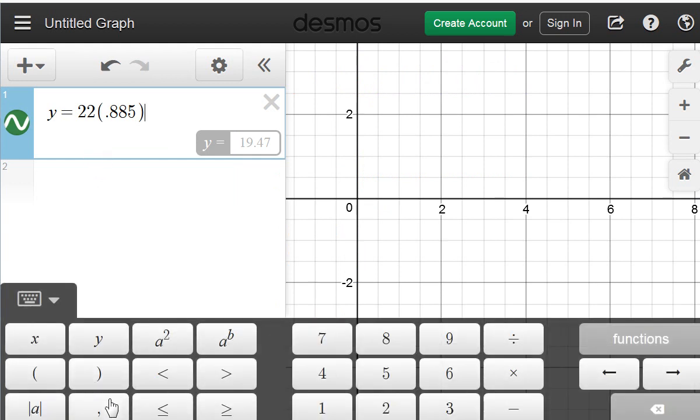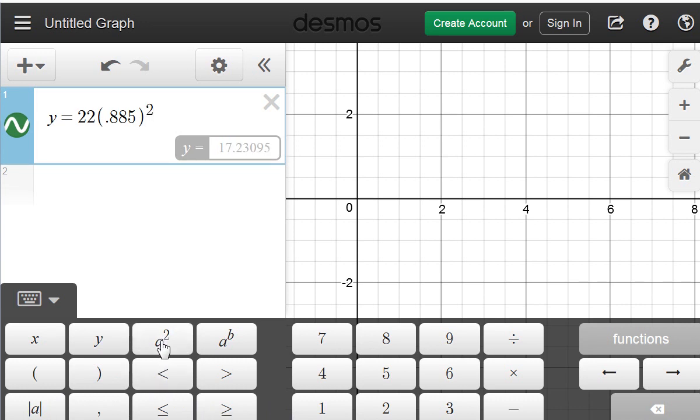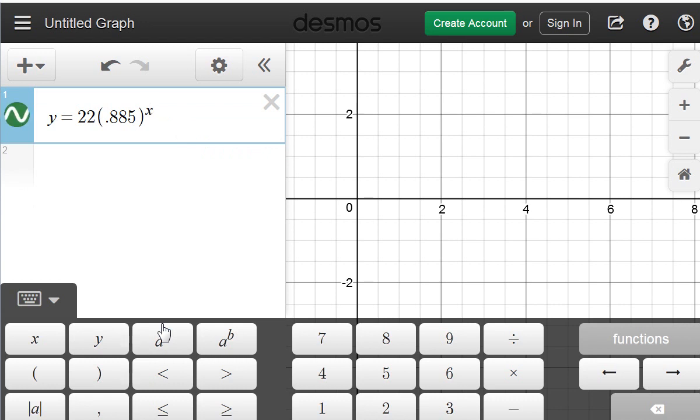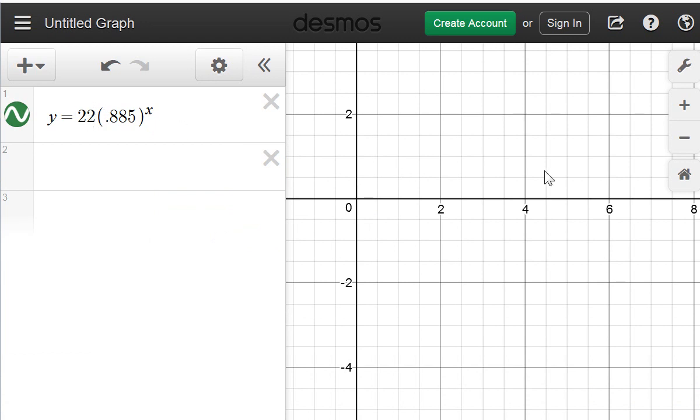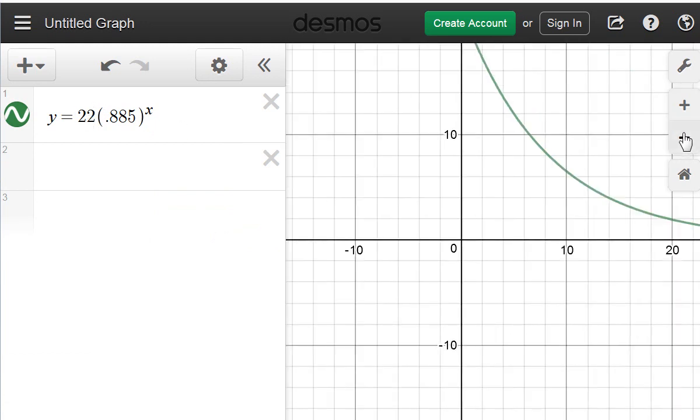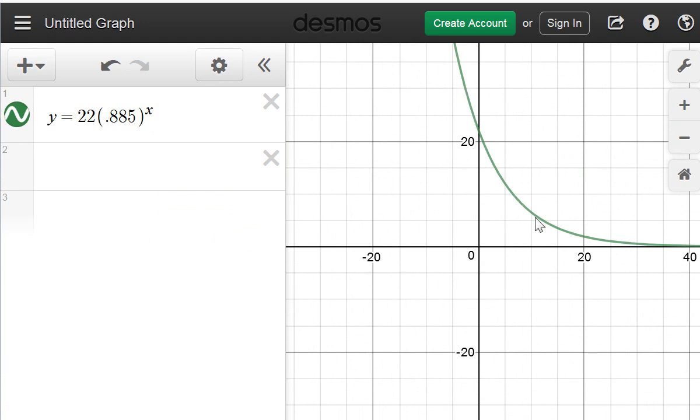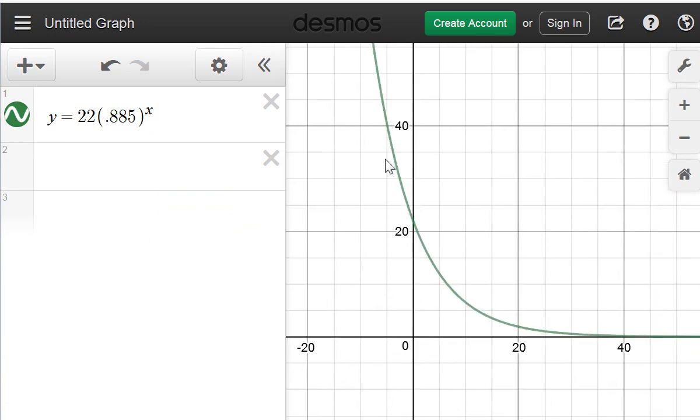There we go. So I hit a little key at the bottom that popped up this keyboard, and now that's squared, I want an x exponent. Oops, there we go. Get rid of that keyboard. Okay, so this hits at 22, so I need to zoom out to see this graph. There we go. So it's hitting up here at 22, going down from left to right. Okay, so that's the graph that I drew.